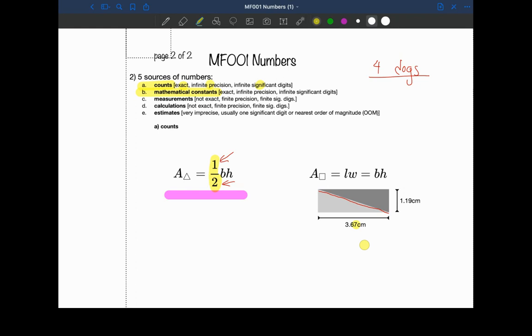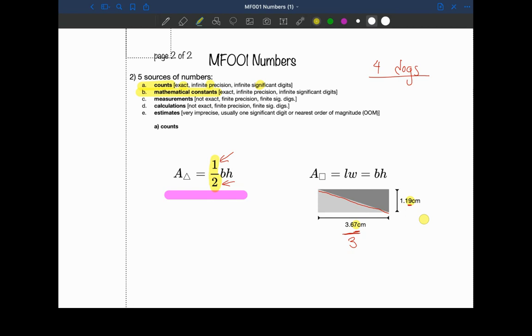And the convention we use is that the last digit is always where the uncertainty lies. So this one in this case has 3 significant digits, the 7 being where the uncertainty lies, and the height also has 3 significant digits, and the 9 is where the uncertainty lies.